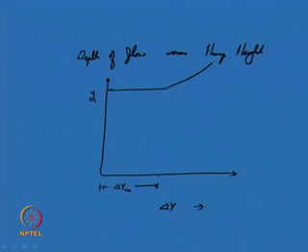Similarly, at section 2, you can plot the following situations. You will see it starts at y 2, then it goes on decreasing as the height of the hump increases. It will reach a particular level.